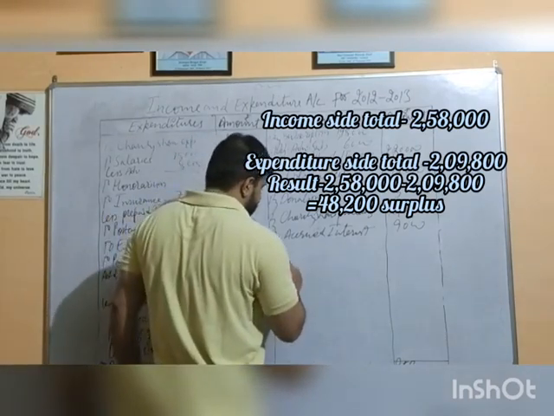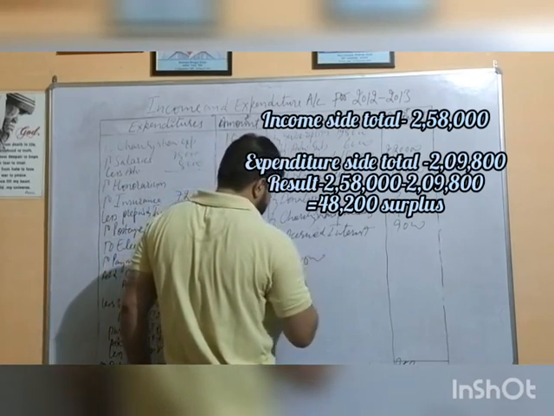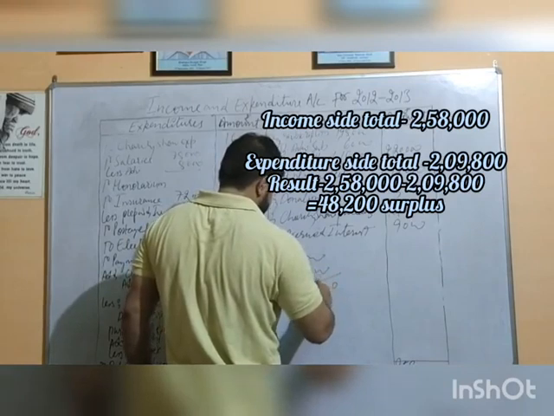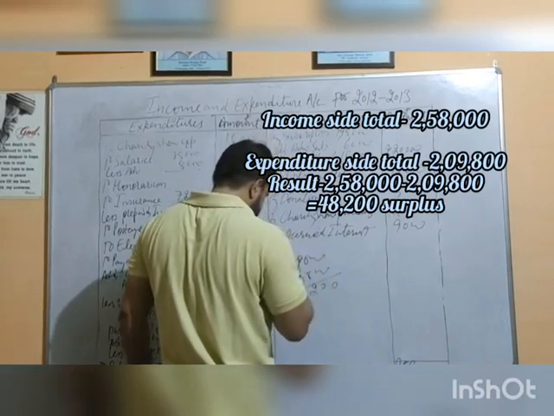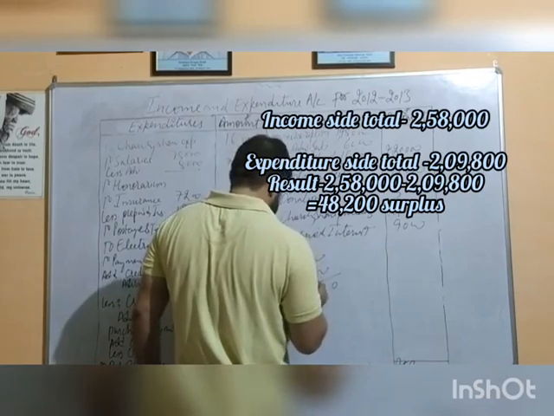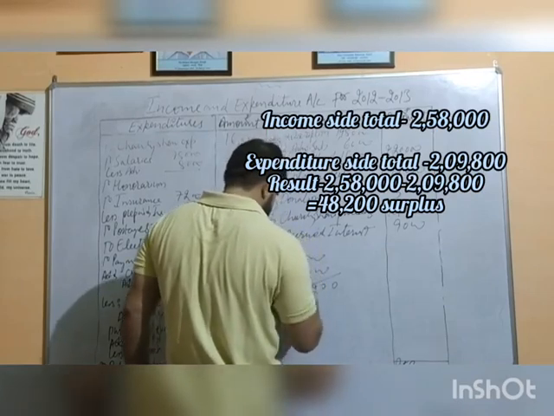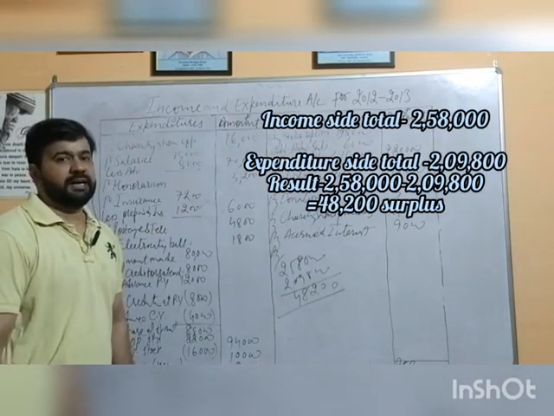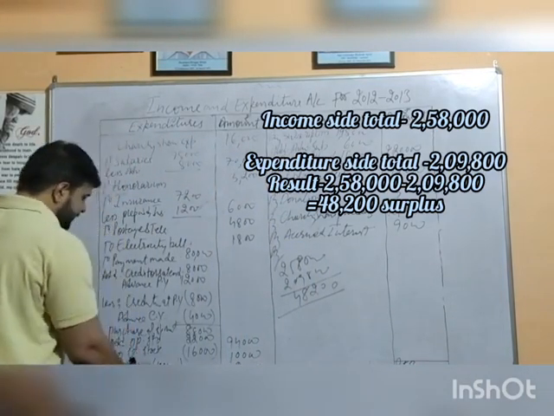Easily we can subtract rupees 2,09,800. 17 minus 9, 8. 48,200 is going to be our surplus. We will write here as surplus.